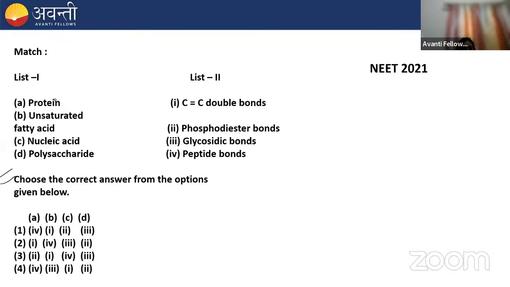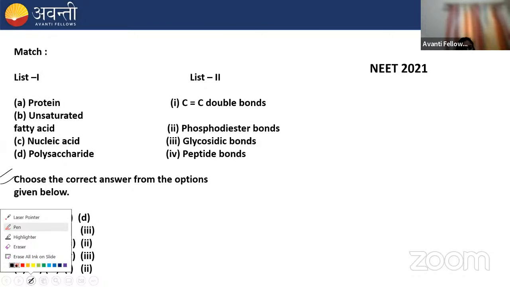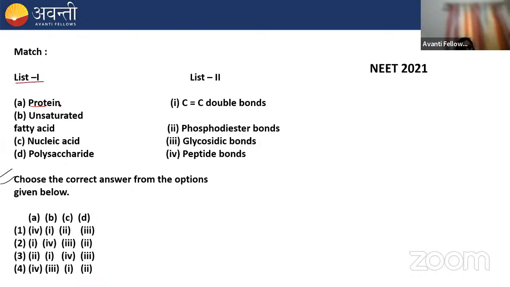Okay, let's see. A is protein. Which bond? Peptide bond. Remember, the amino acids are linked with the peptide bond. Unsaturated fatty acid. I told you that fatty acids are of two types, saturated and unsaturated.